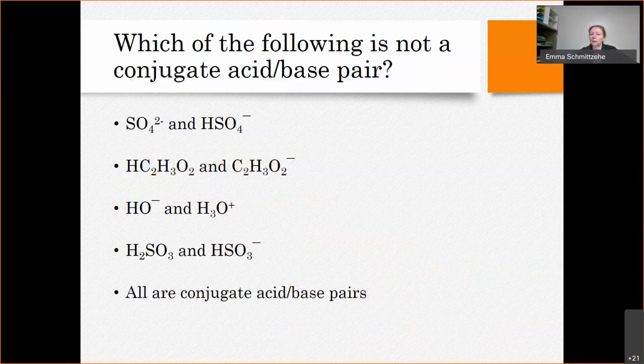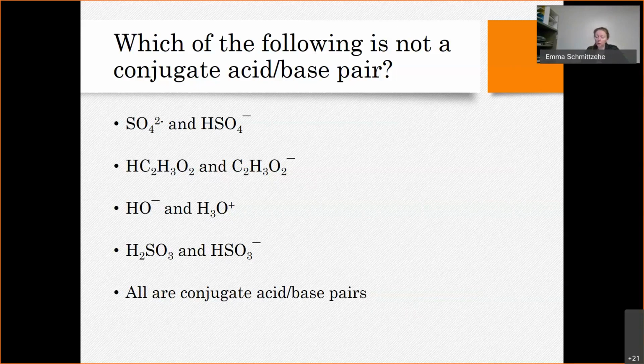Now, let's look at one more example here. So I give you a list of different pairs of substances, and I want to know which of these are not a conjugate acid-base pair, or are they all conjugate acid-base pairs? So what you need to realize is a conjugate acid-base pair has to differ by an H plus, right?